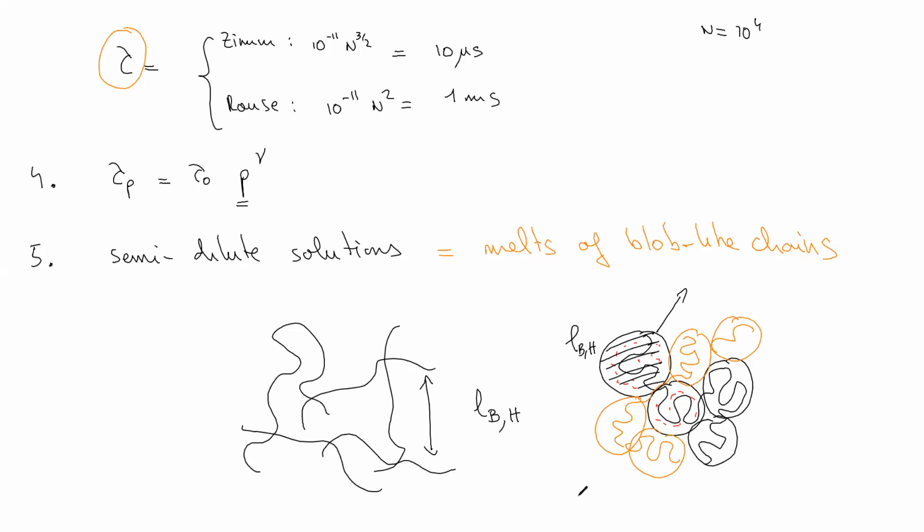So we say that the hydrodynamic interactions are screened, pretty much like the static ones were screened in the actual blob picture, on a length scale LBH. And it happens, people have studied that LBH is very close to LB.